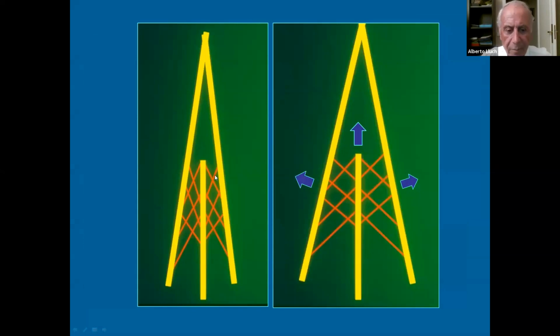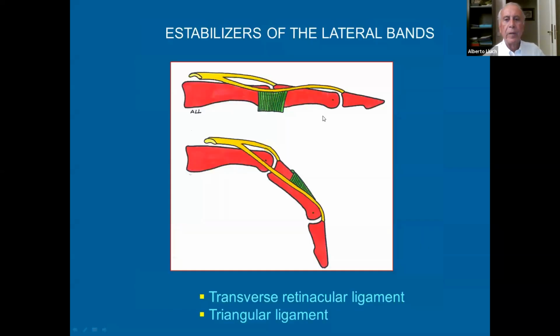And this is what happens to this collagen tissue that's holding the central slip and the lateral bands together. In flexion, this collagen tissue is arranged in such a way that it allows the lateral bands to move distally, to allow flexion of the DIP joint.